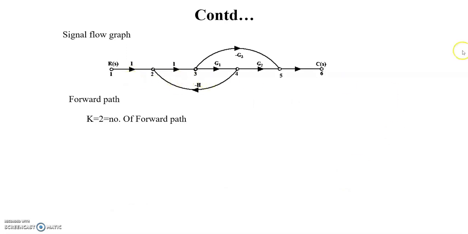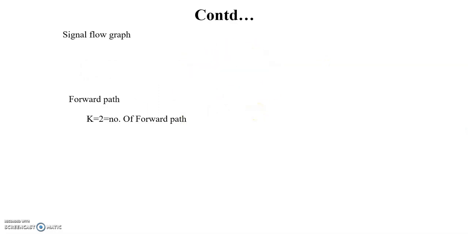So these are the 6 nodes, 1, 2, 3, 4, 5, 6. Having the first 1, 2, 3 corresponding, you can write the gains. After that, what loops are present here?